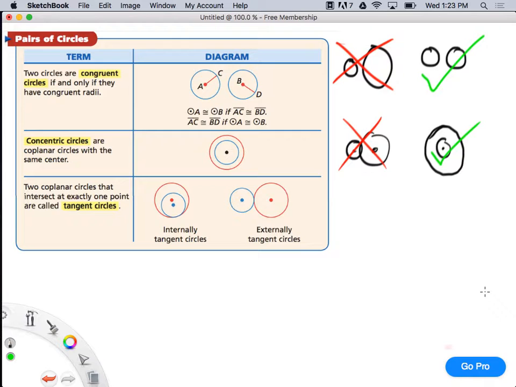I could totally teach you, and I would love to, but we'd get too deep. But you understand? Tangent, touching. At how many points? One point. Tangent touches at one point. Okay, very good.